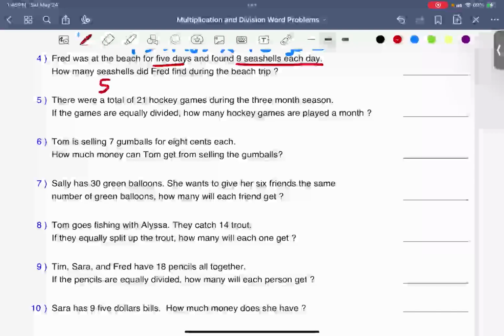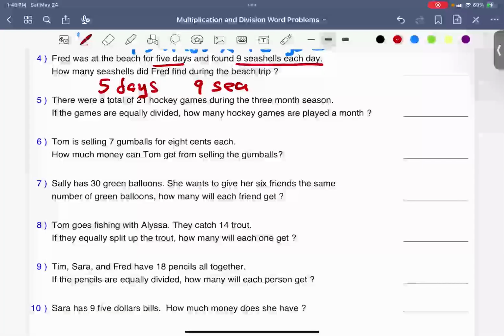So 5 days, and every day he found 9 seashells. So that'd be 9 seashells first day, 9 seashells second day, 9 seashells third day, 9 seashells fourth day, 9 seashells fifth day. So instead of having to write that out, we can just do 5 days times 9 seashells. And that gives us 45 seashells.